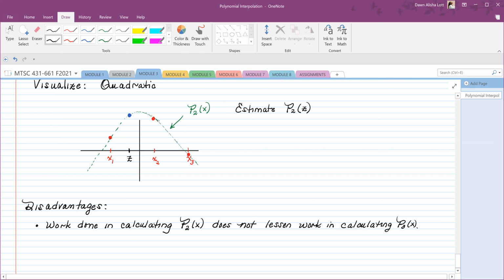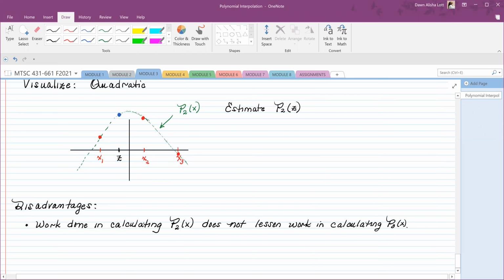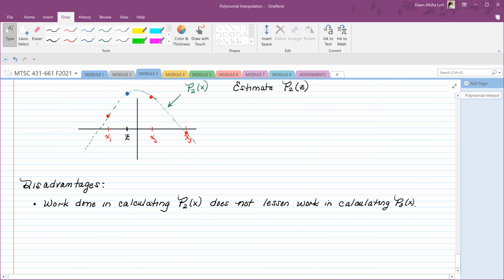So in other words, you literally have to start from scratch to do P3. You can't take what you found in P2 and use it to create P3. It does not work. If I want P3, I have to start from the beginning.